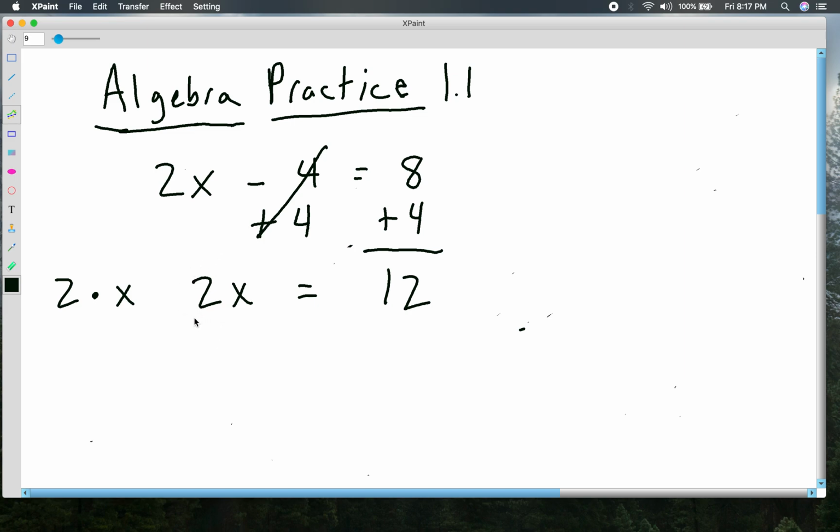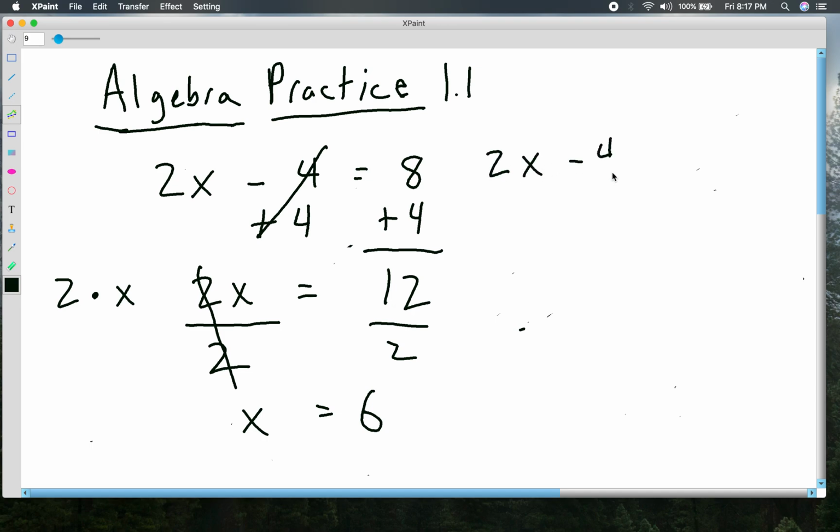General rule. Now let's divide by 2. We're going to divide this by 2. The whole number divided by itself gives you 1, which isolates x. 12 divided by 2 gives us 6. However, let's not take my word for it. Let's go check our work.